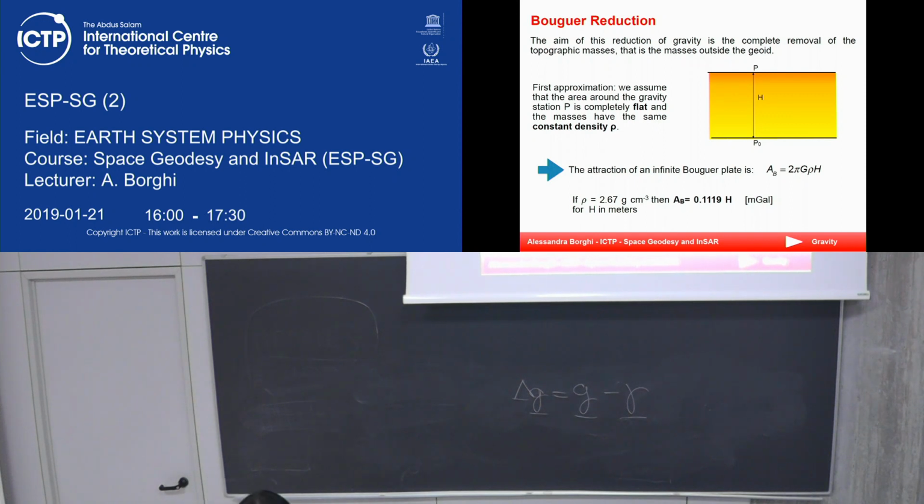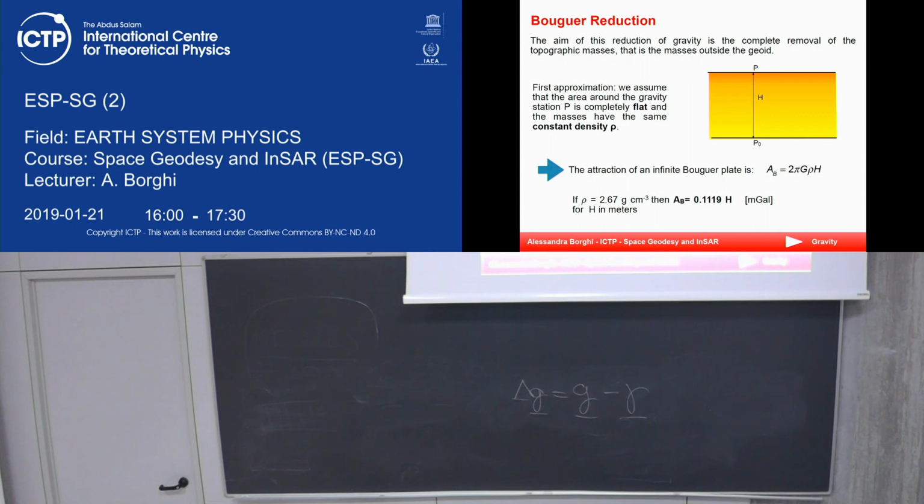Because if you are on the Earth surface, your gravity measure will be affected by, for instance, mountains close to Trieste. We know that this mountain has an effect on the gravity because of its masses, of course, everything has an effect on the gravity field.